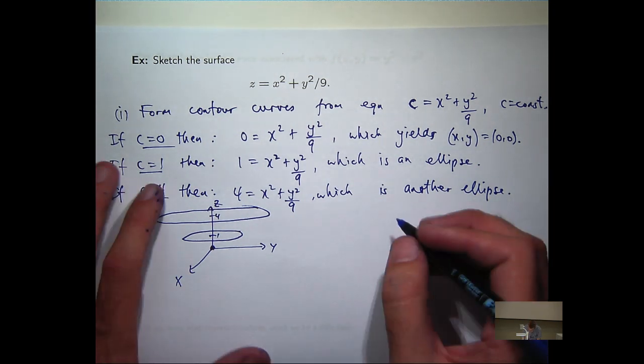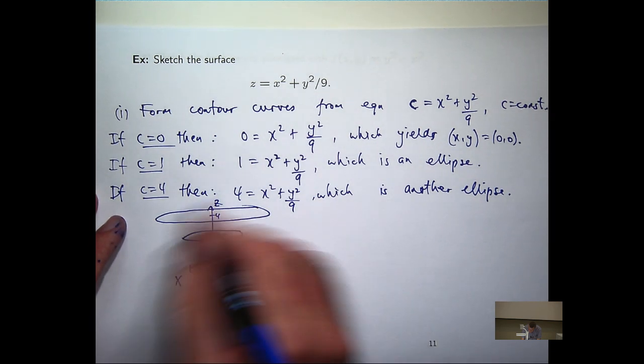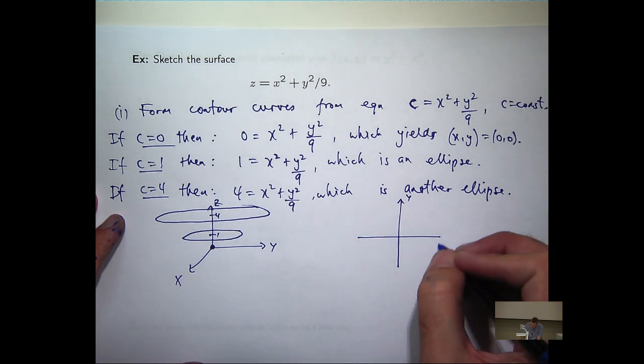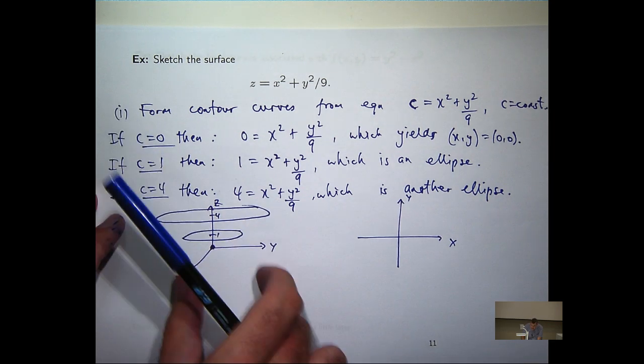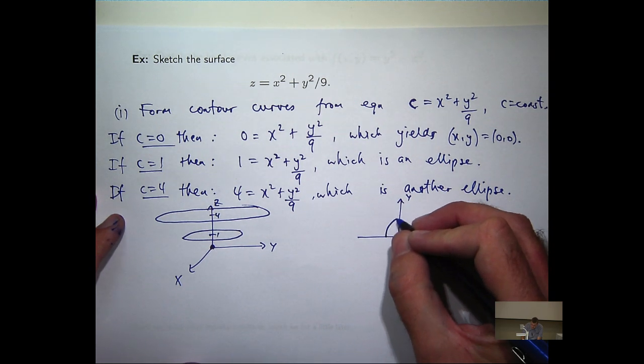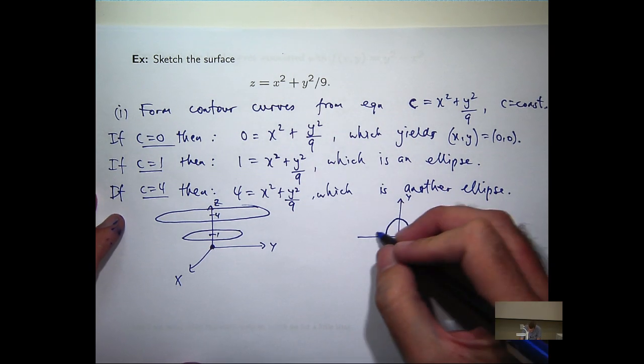Now, so these are the contour curves. Let's draw the level curves. So all we do is we smush these things down, and so we're going to get these sort of curves.